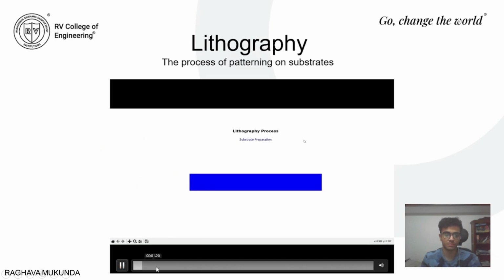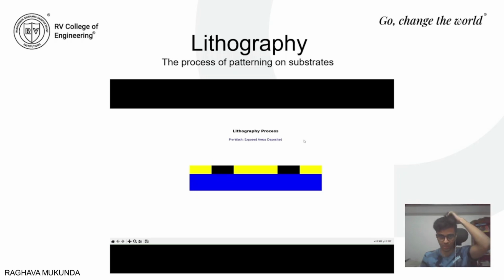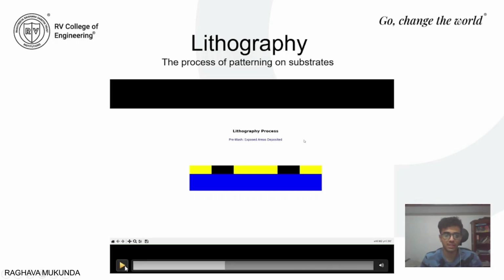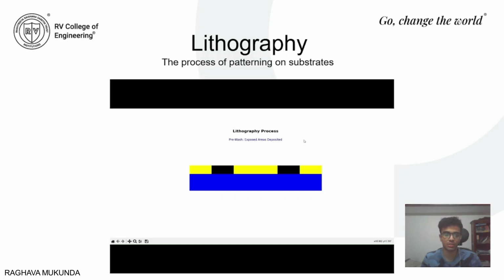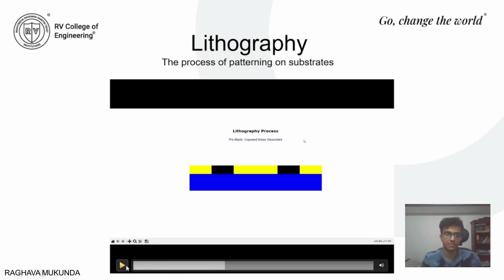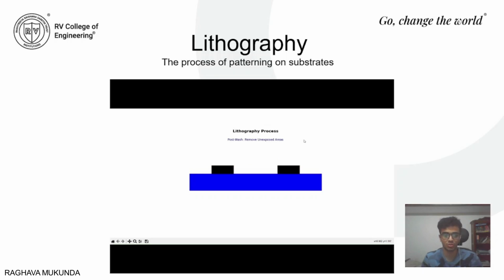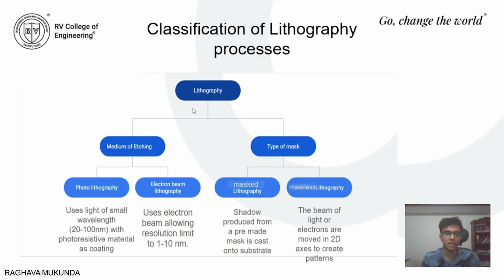After the first pre-wash, these areas are etched or removed due to being more soluble in the developer solution. Then these parts are exposed to magnetron sputtering and metal deposits onto the substrate only in these parts. After this successful deposition of the metal, the excess photoresist is washed away using a final developer solution, which is a strong base, thus creating the pattern which is required on the substrate.